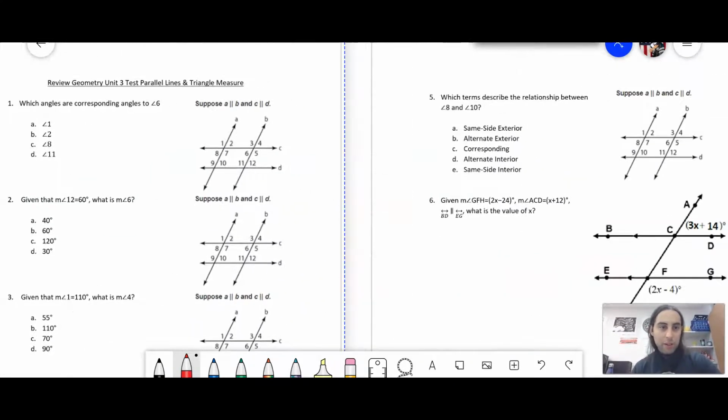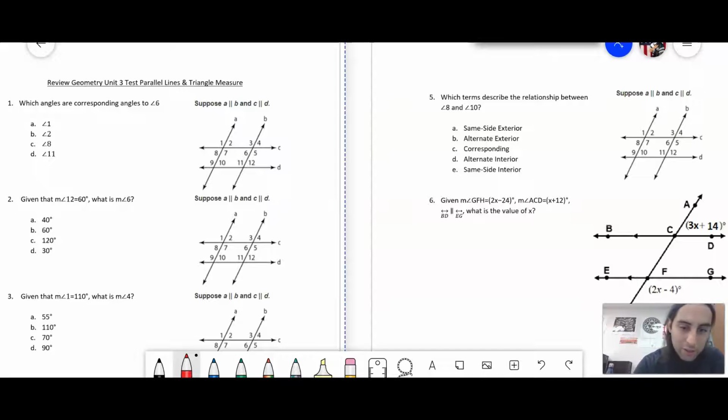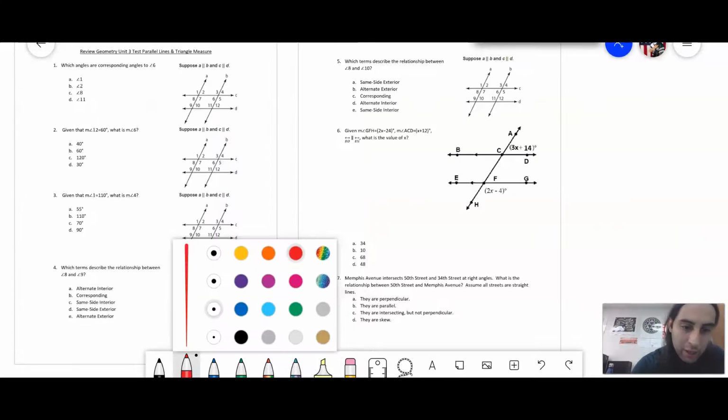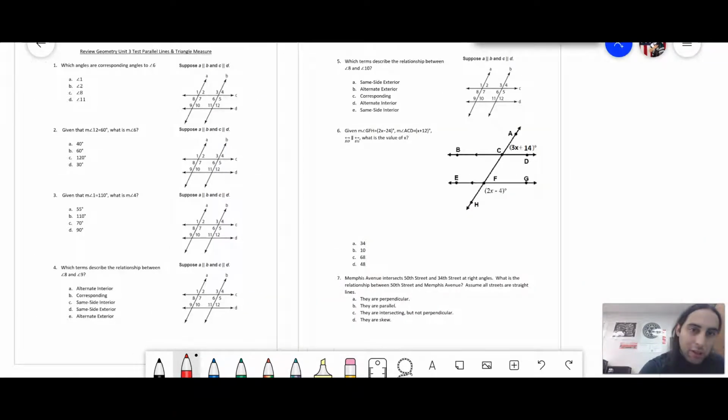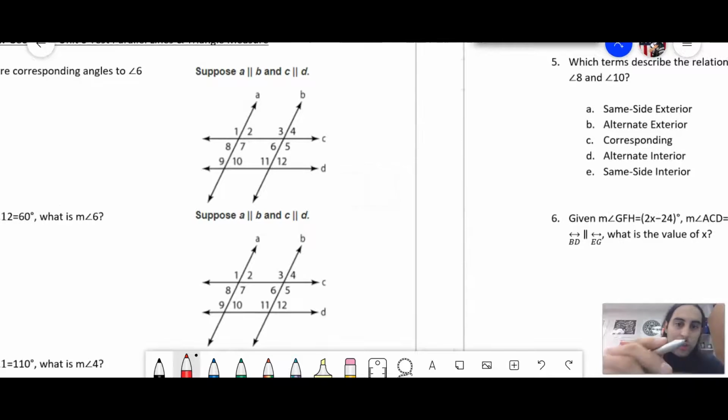Which angles are corresponding angles to 6? So, let's draw on this. When we're talking about angle 6 right here, corresponding angles are on the same side of a transversal at the same location, shifted down the transversal. In blue, here's a transversal.